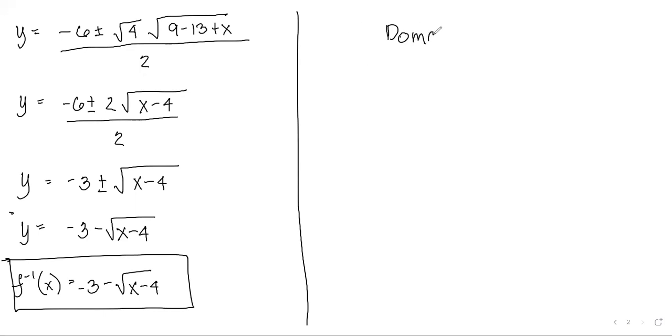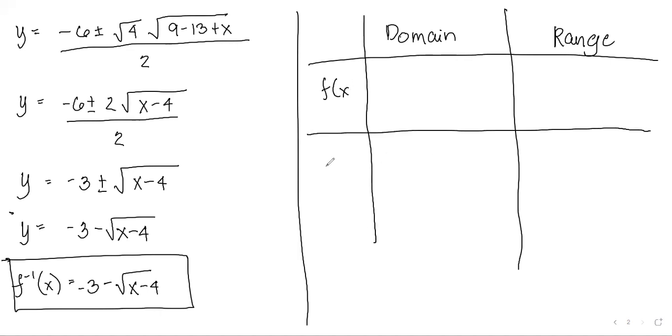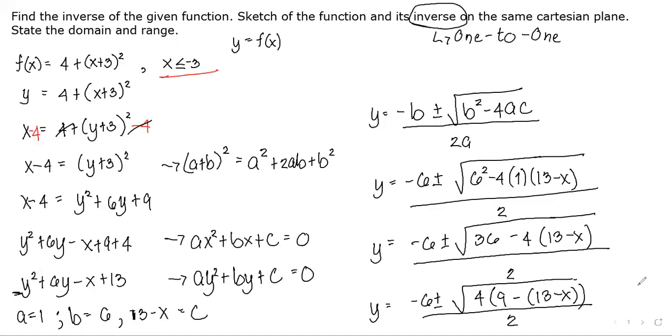Okay, yung domain, tapos range. Original stands for f of x. Inverse, which stands for f inverse of x. Okay, domain ng f of x natin in interval notation kasi yun naman madalas talaga. So, x is less than equal to negative 3.